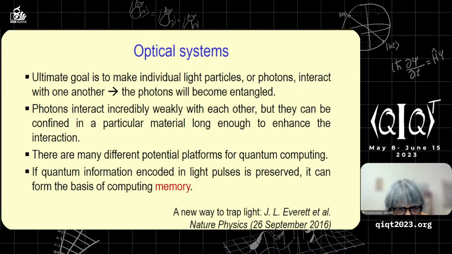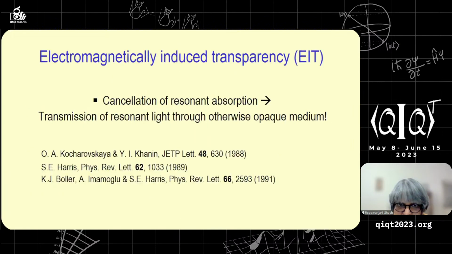Quantum information encoded in light pulses is preserved. It can form the basis of quantum memory. And I'm going to spend some time talking about some work of ours and an interesting phenomenon, which today I'll not give you the details of, but you would find other talks where I've given the details.